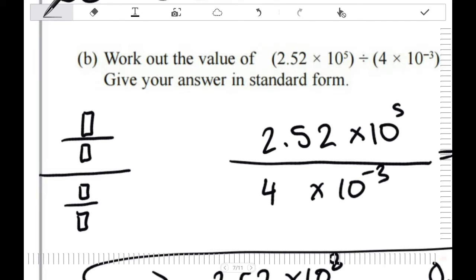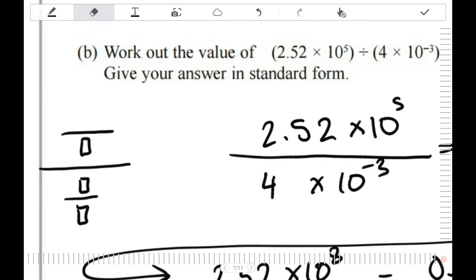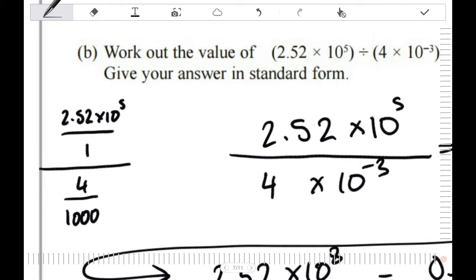In this case, we had 2.52 times 10 to the 5, and this, in this case, is 1. This number in this case is 4, and this in this case is 1000. The rule is that if you have something like this going on, you can multiply this number by this and this number by this.